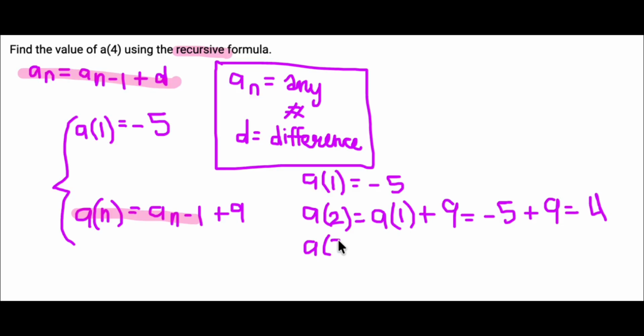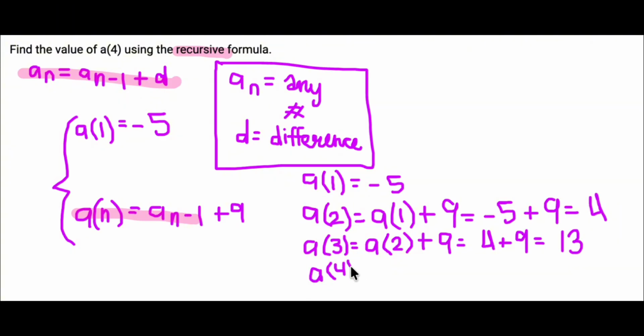Now doing the same thing, a3 equals a2 plus 9. And we know our a2 is 4. So we're just going to add 4 plus 9, and we get 13. And lastly, we're going to get to a4, which is what we need to find.